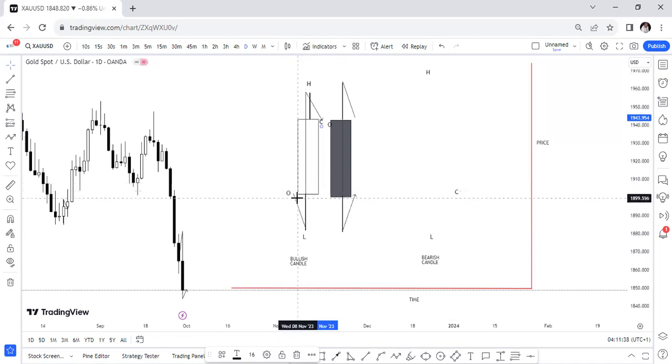But coming to the new knowledge of this SNR, we come to understand that the real support is where the market opens here and starts moving higher to close at this level. The level of this close is what we mean by resistance.